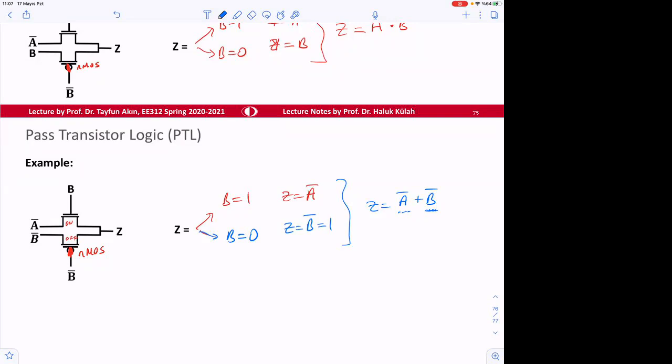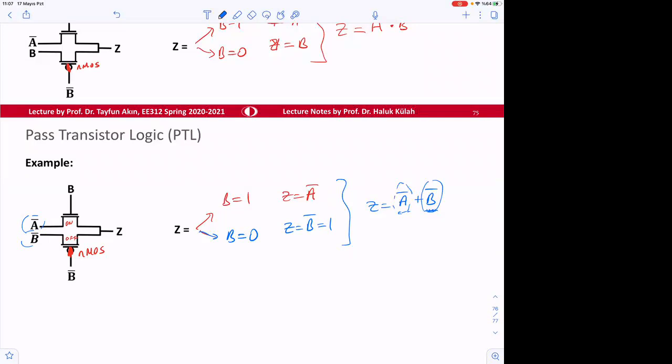So you can implement an OR circuit here with pass transistor logic. This is the way that you implement OR. If you replace this with A bar, B bar, actually that's what you're getting, A bar or B bar.